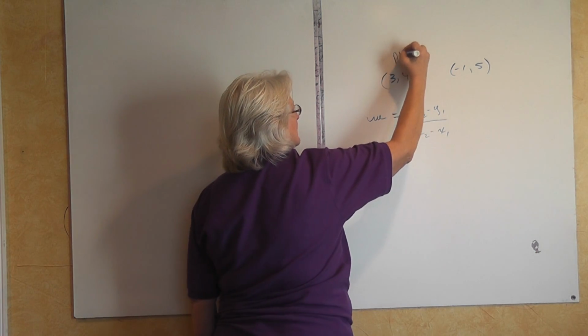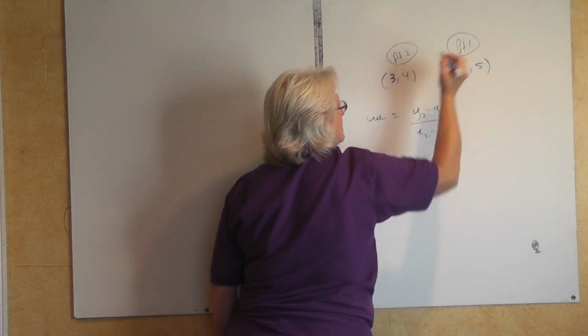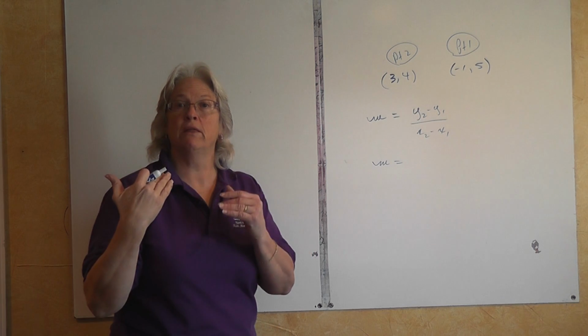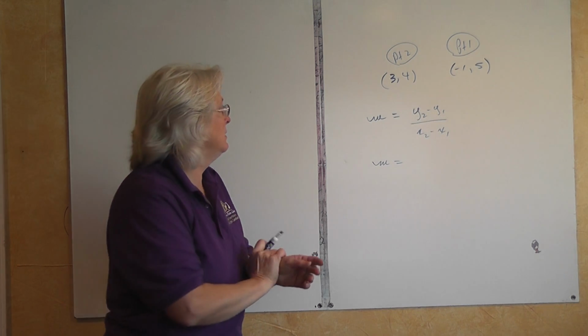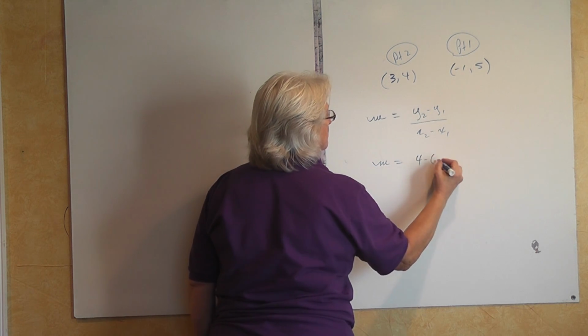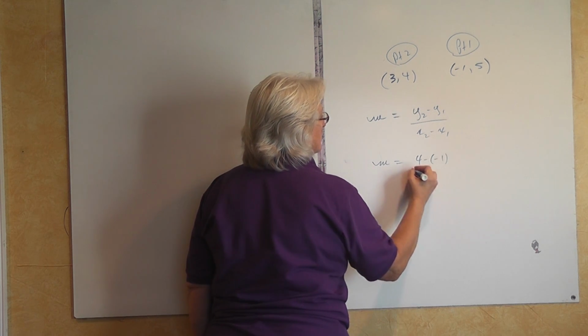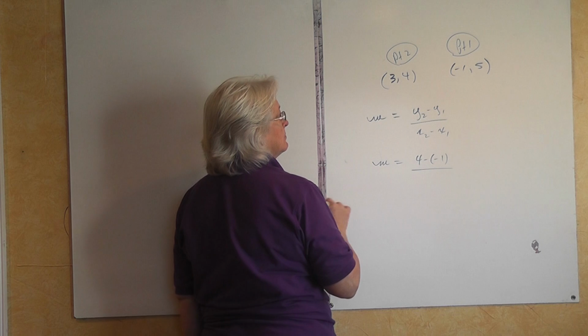So I'm actually labeling my points this way, point 2 and point 1, because it's a way that my mind works a little better. 4 minus a negative 1. Make sure that you're using your parentheses, in particular when you're substituting in negative numbers.